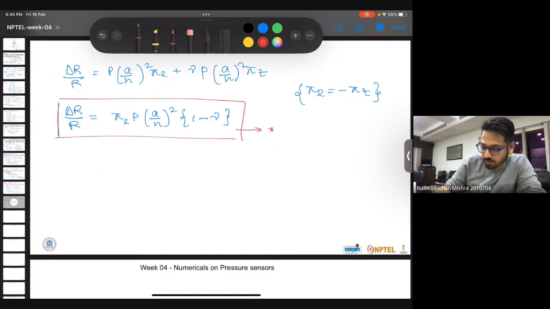This is also a very important formula for the numericals.